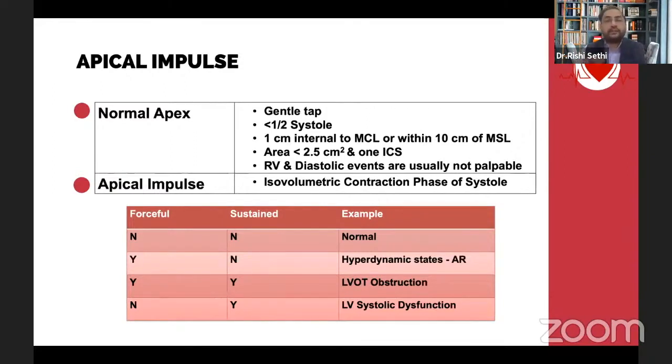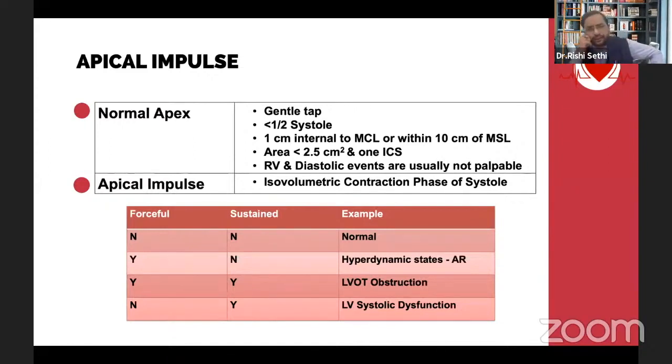The location, remember, would be of the apex beat and not the apical impulse. Apex beat location is generally 1 centimeter internal to the mid clavicular line or within 10 centimeters of the mid sternal line in an adult, in the fourth or fifth intercostal space. And generally, in a normal apical impulse, RV or diastolic impulses are not palpable.